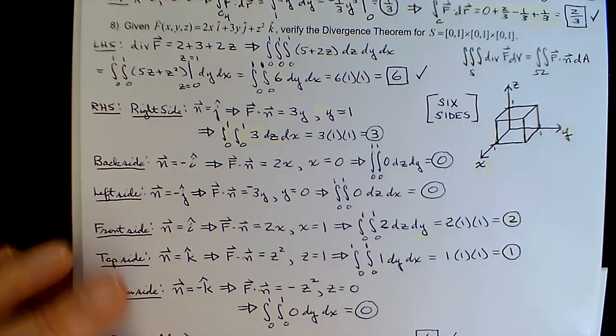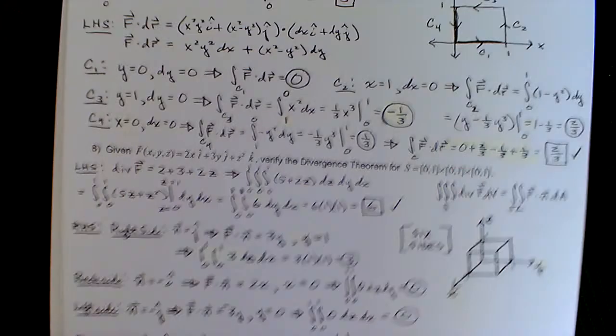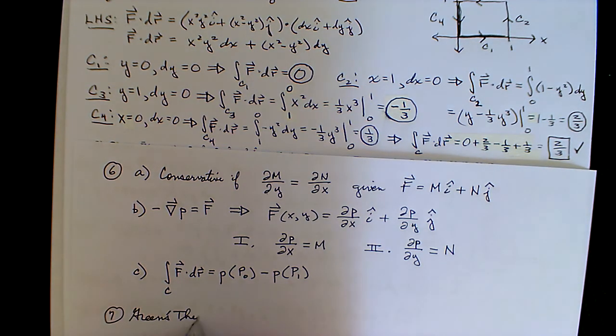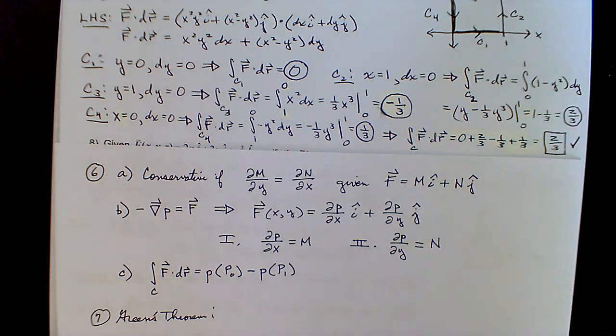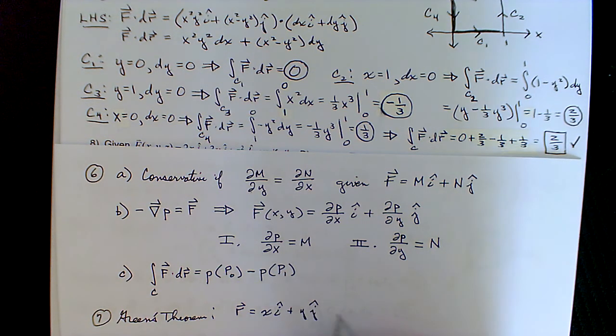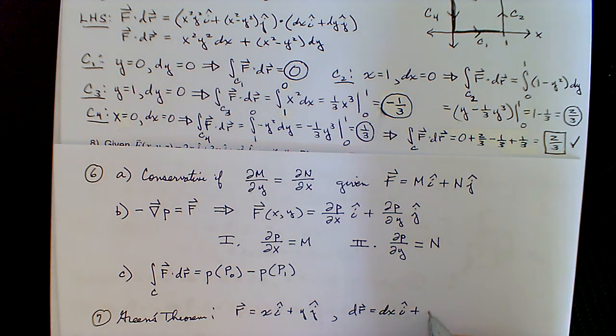So, regarding Green's theorem, again, you want to remember that R is xi plus yj, and therefore the dr is equal to dx i plus dy j.